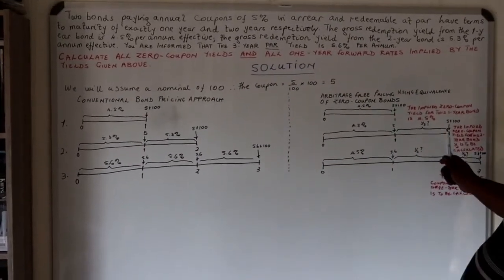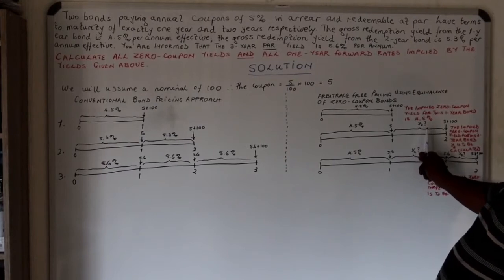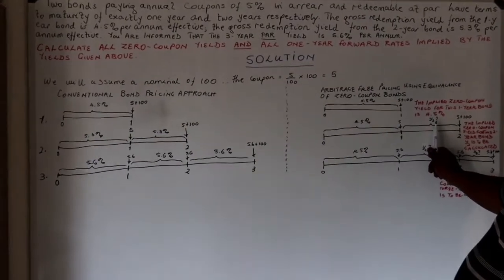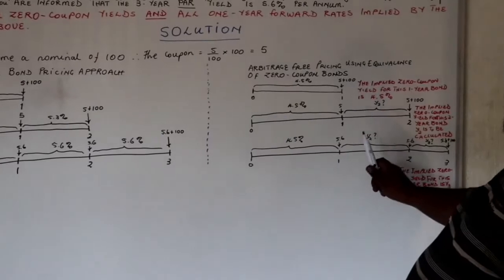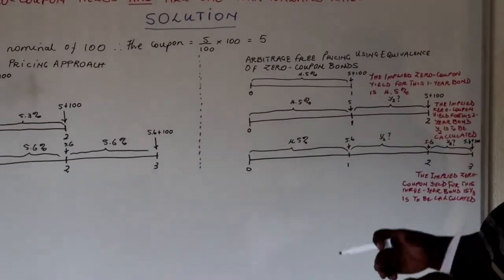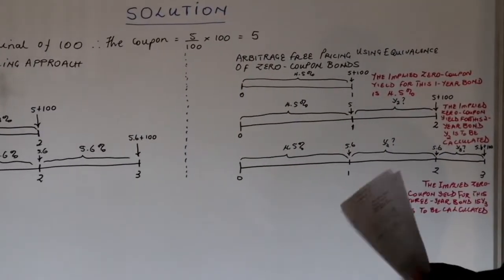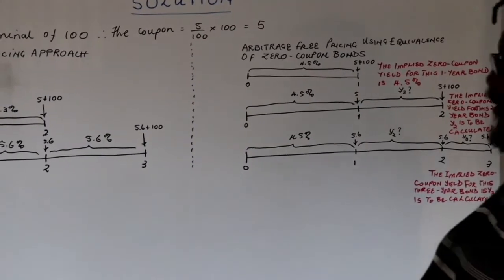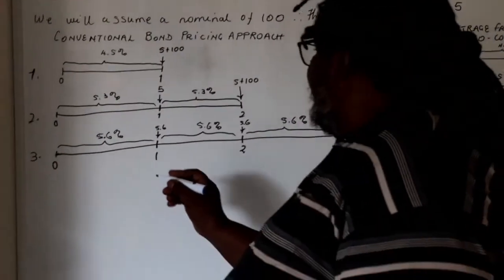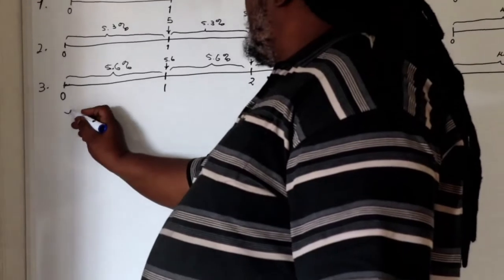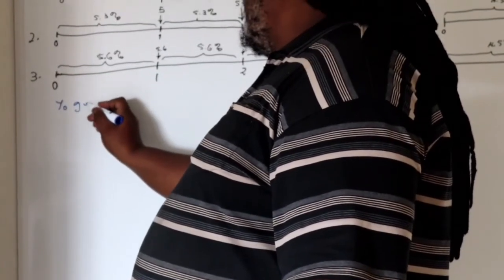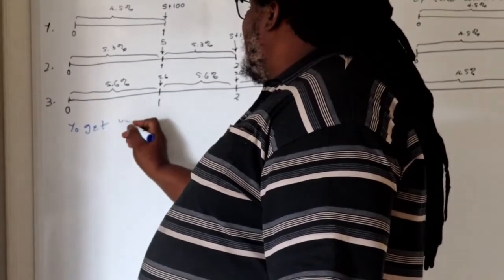Now you realize that the first part of the question requires you to calculate Y2 and to calculate Y3. So here we will say, to get Y2.